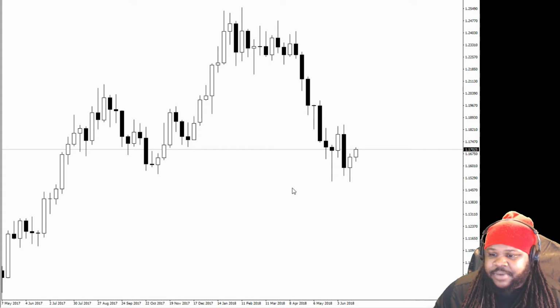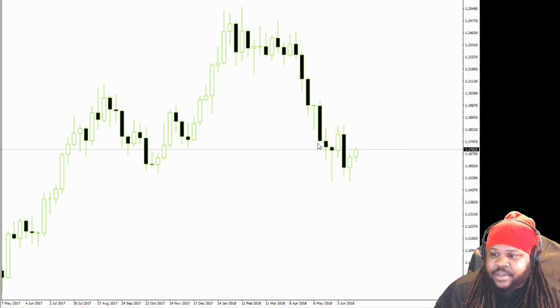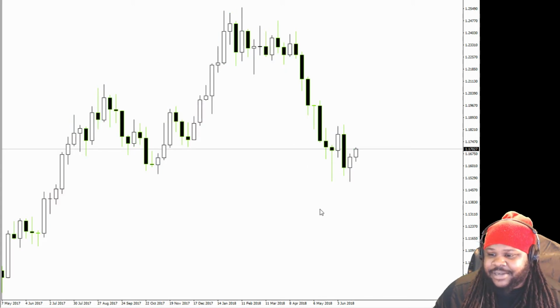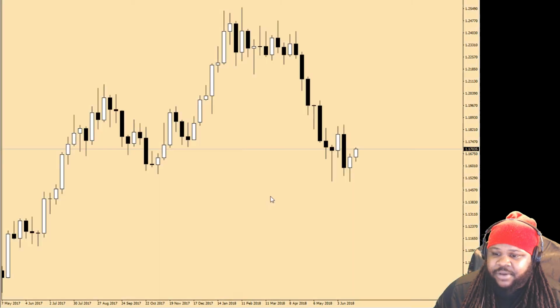Let's see how that looks. All right, I need to put something darker on those white bars. Okay, keep that one black. That still looks kind of crappy, so I guess we just change it right back to normal. I know what I'll do. I'll just change the background to make it a little easier to see. That might work out for us.